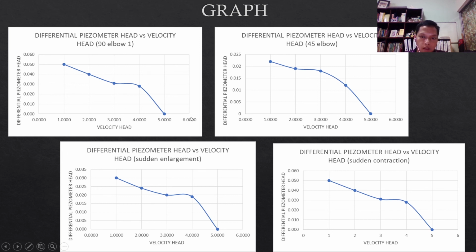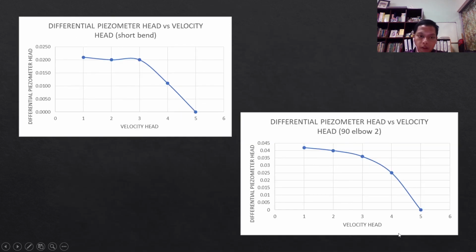We can see here the 45 elbow, sudden enlargement, sudden contraction graph, and then this is the short bend, and another one is the 90-degree elbow too. So actually we use the same method for the graph.